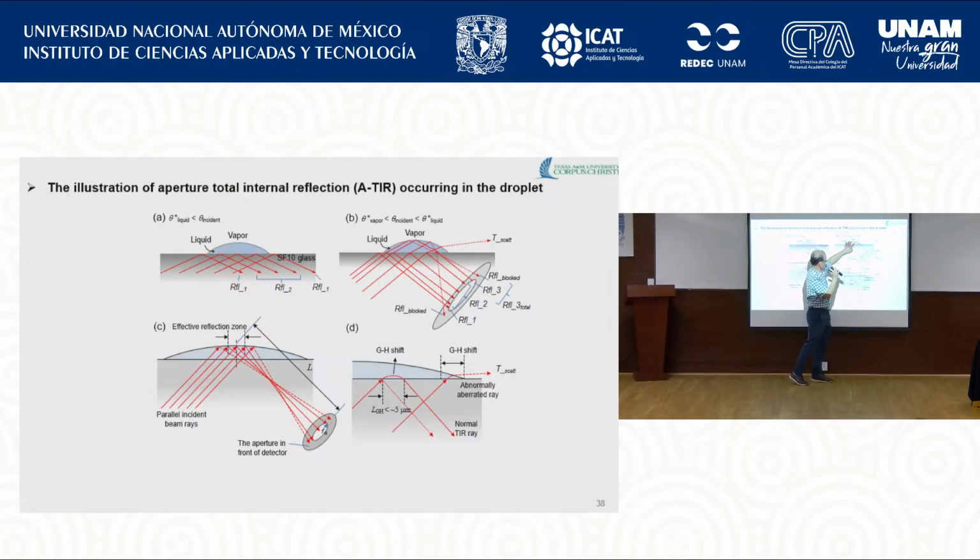Because if the droplet surface refraction has too high a refraction angle, then it will be captured in the detector. Okay, that's the principle of this technique. Okay, and also we introduced the effective refraction zone, and also we confirmed some Goos-Hänchen shift effect.